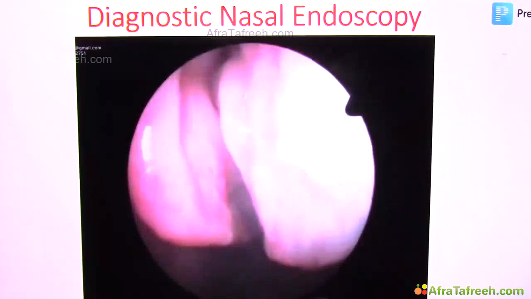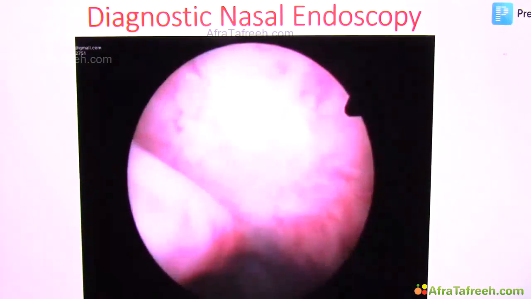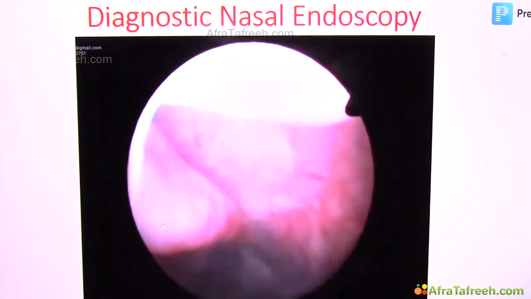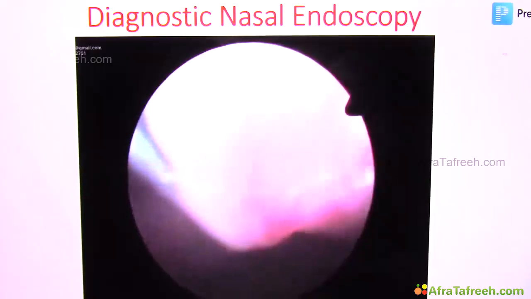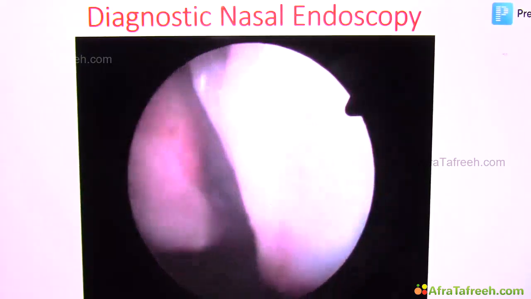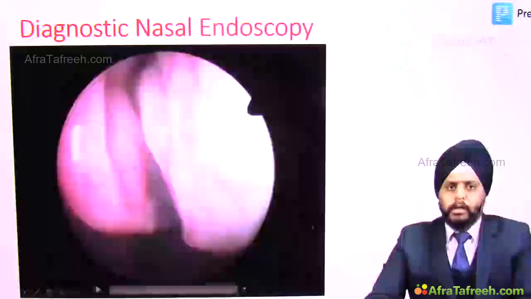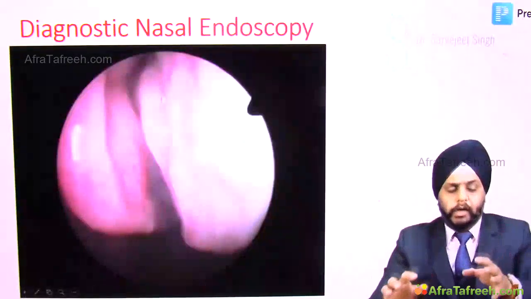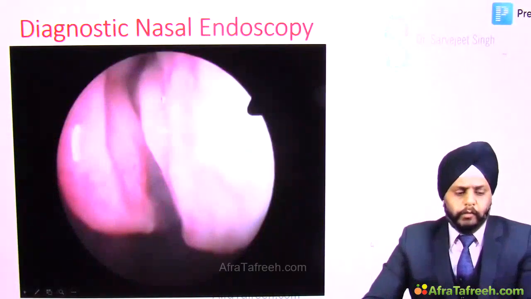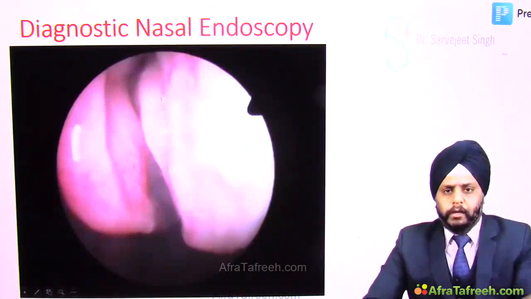I'll repeat it: while withdrawing the endoscope we are able to see the middle turbinate, then the bulla, and after the bulla the uncinate process, and we can come back looking at these structures. So this was the diagnostic nasal endoscopy, the three passes that are done.